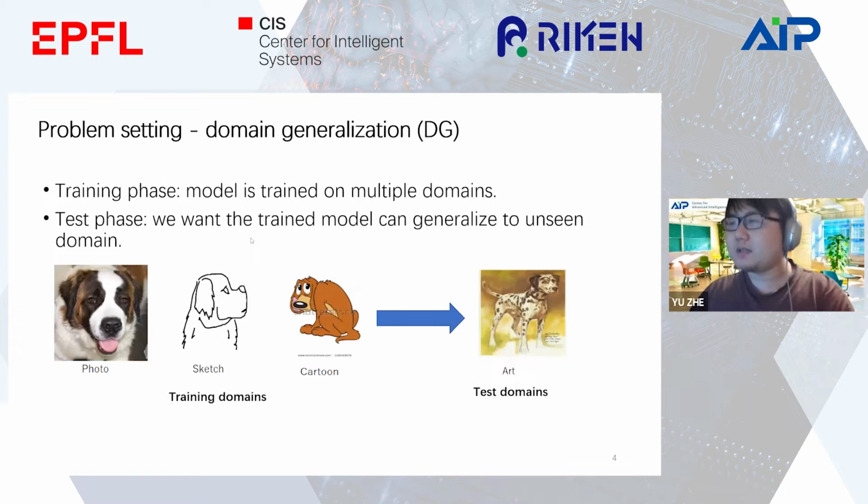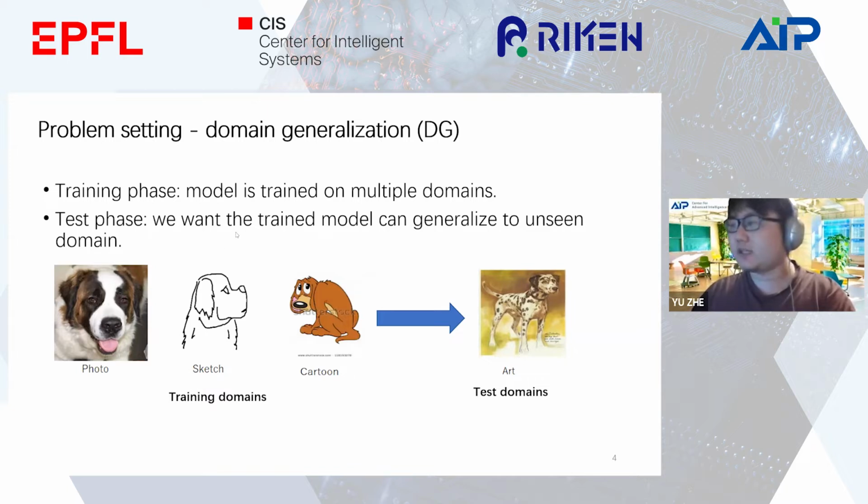In this work, we consider the domain generalization task to improve model performance when the IID assumption doesn't hold. In the training phase, the model is trained on multiple domains. For example, in the following pictures, we have 3 domains: photo, sketch, and cartoon.